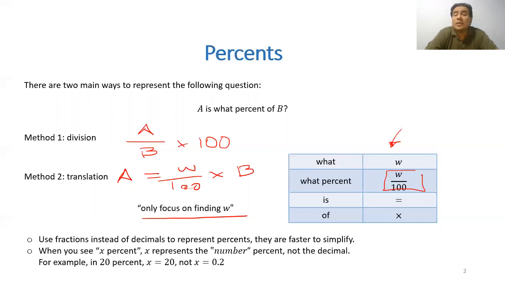Sometimes when they tell you x% more, some people write just 1 plus x instead of 1 plus x over 100. So in the first case, if x equals 20, you would be saying 21 instead of 1.2. So be careful about this.